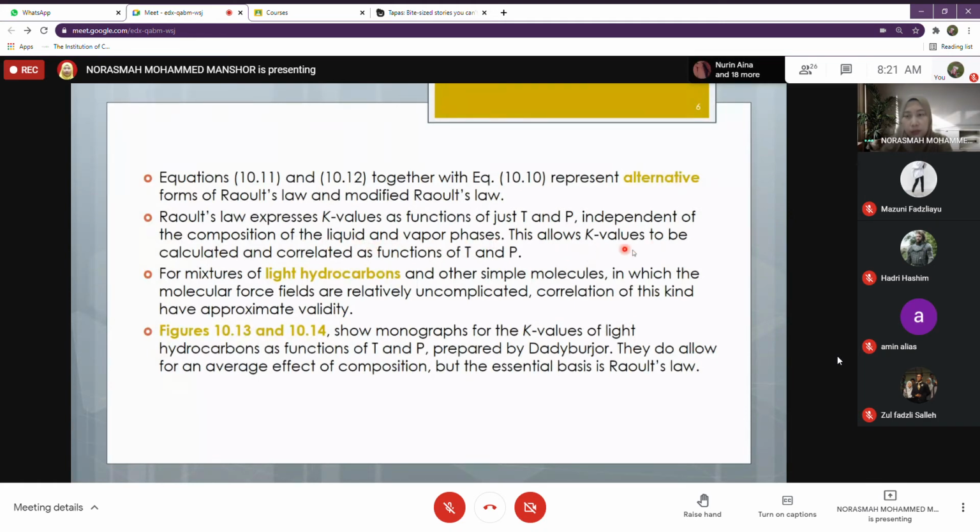So this allows the K value to be calculated and correlated as a function of T and P. This correlation is valid for mixtures of light hydrocarbons and other simple molecules, and the value of K can be found from figures 10.13 and 10.14.